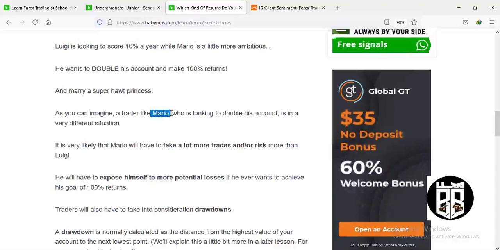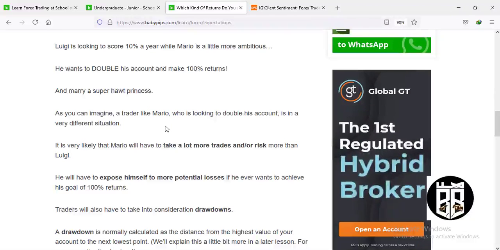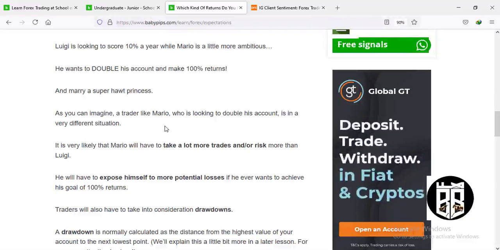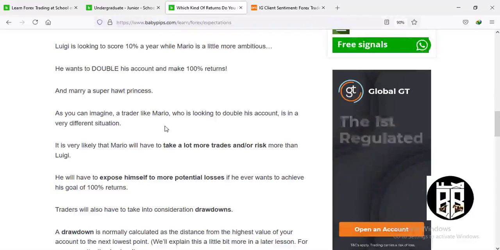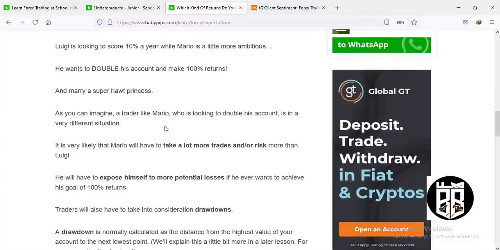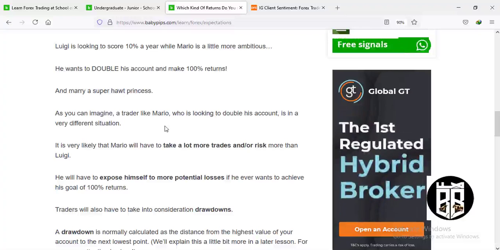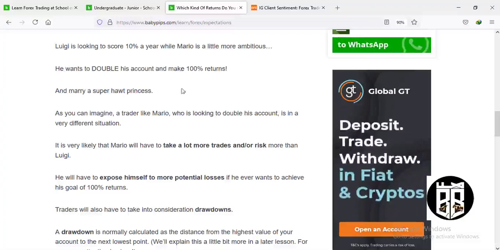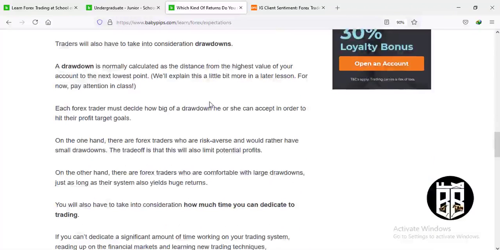I am very sure you will agree that Luigi is going to have less stress. He's going to take fewer trades as well. He's not going to expose himself to lots of drawdowns or losses in the market. However, our other friend Mario is going to experience all of that.